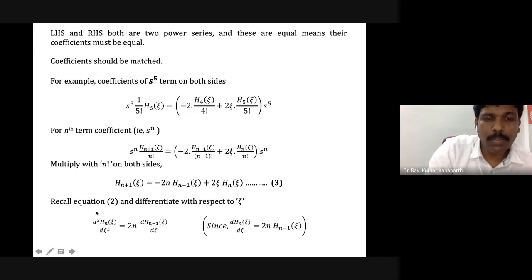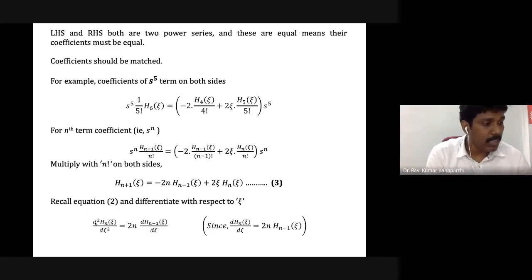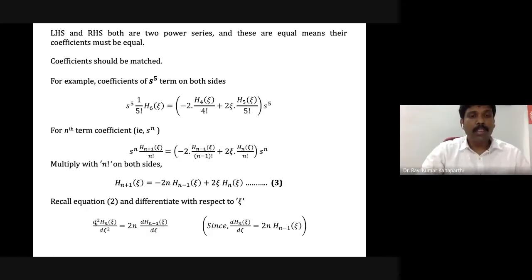From equation number 2 we can evaluate the second derivative. Actually, it is a first derivative. If you recall, equation number 2 is nothing but d Hn of z by dz equal to 2n h n minus 1 of z. Please recall the equation number 2 that we obtained previously.